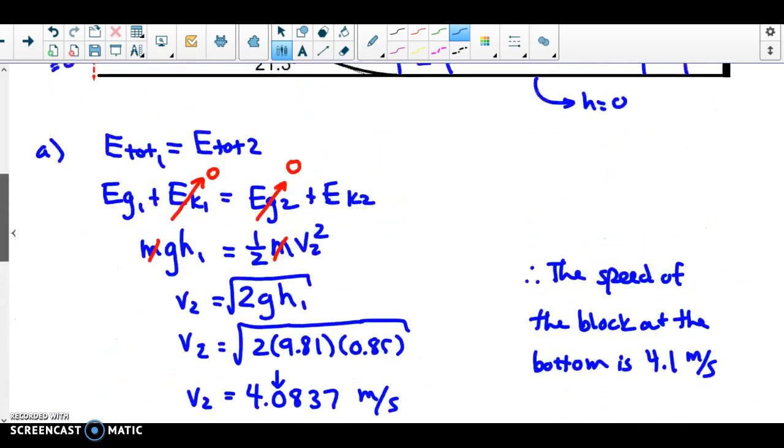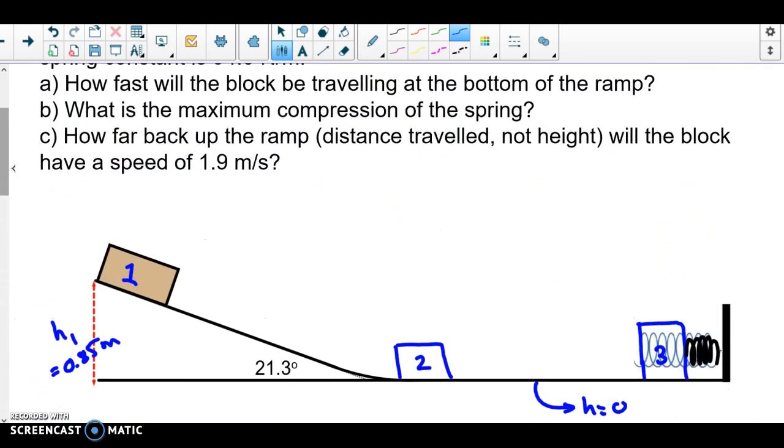Part C, last step. How far back up the ramp, and I want the distance traveled, not the height, will the block be when it has a speed of 1.9 meters per second? So here, let's call this point 4. It's going to be some height up the ramp, and I want to know what is this distance, d.